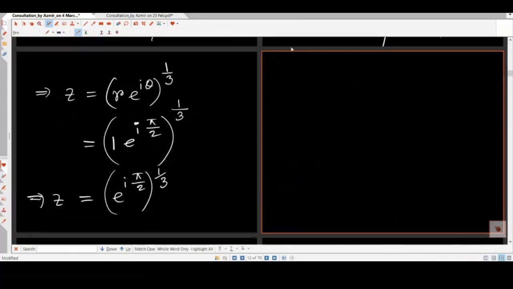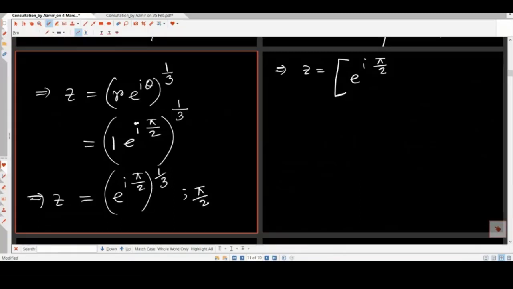So we have z equals e to the power i, the argument theta, as pi over 2. So where we have pi over 2, let's input pi over 2 plus 2k pi. This is the concept that is coming from clockwise or counterclockwise. That depends on the value of k.